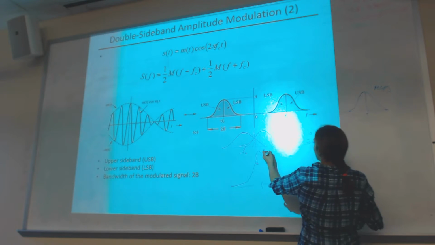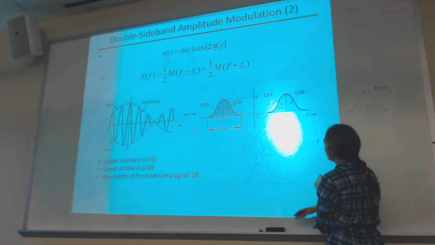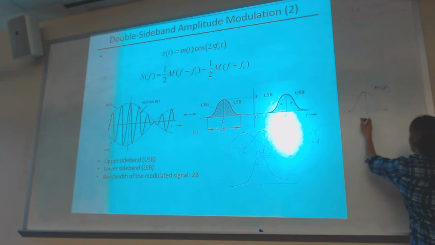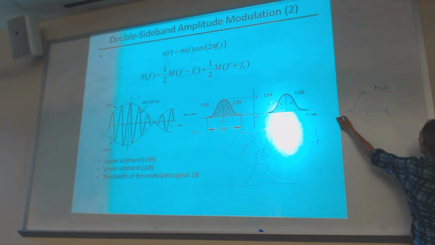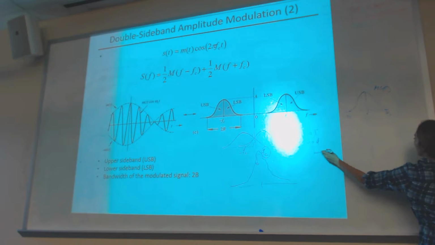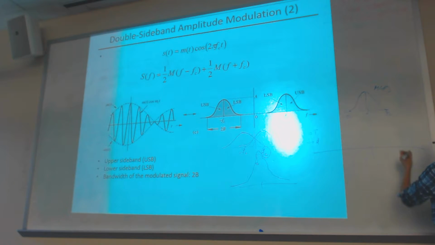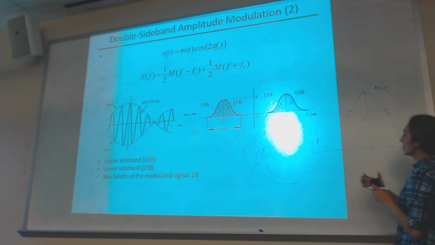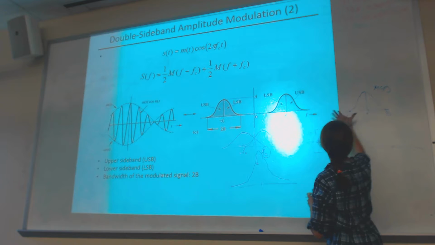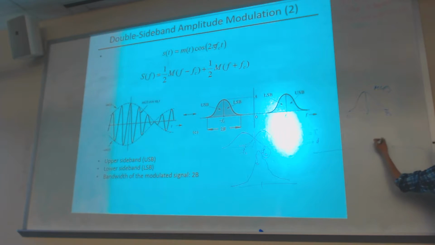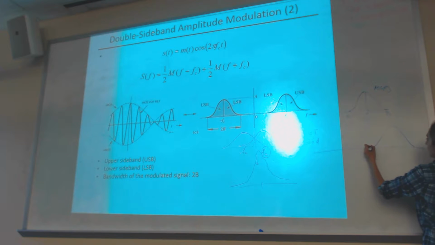So what should be the condition on f_c? This is B, this is negative B. When I shift these to the left and right, they shouldn't collide.